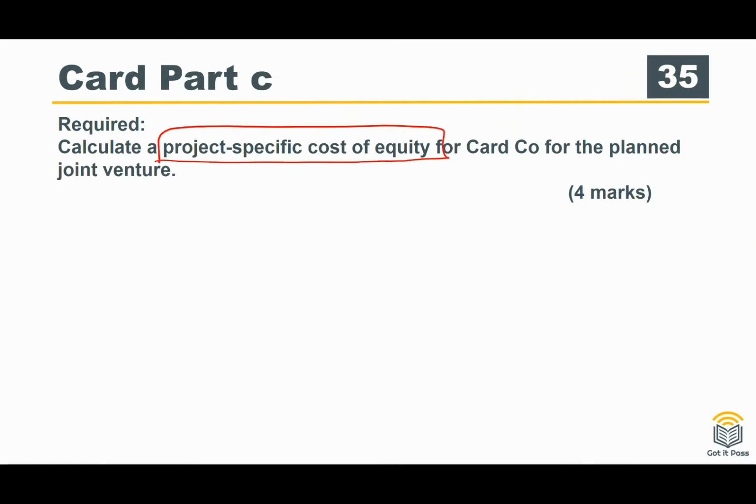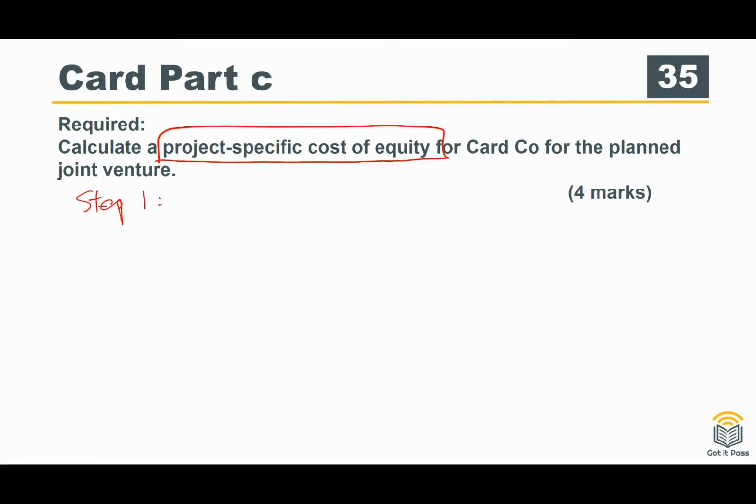For project-specific cost of equity, because we need to have a proxy company, and the question has already given it to you, based on the steps suggested in our lecture before, there are steps.